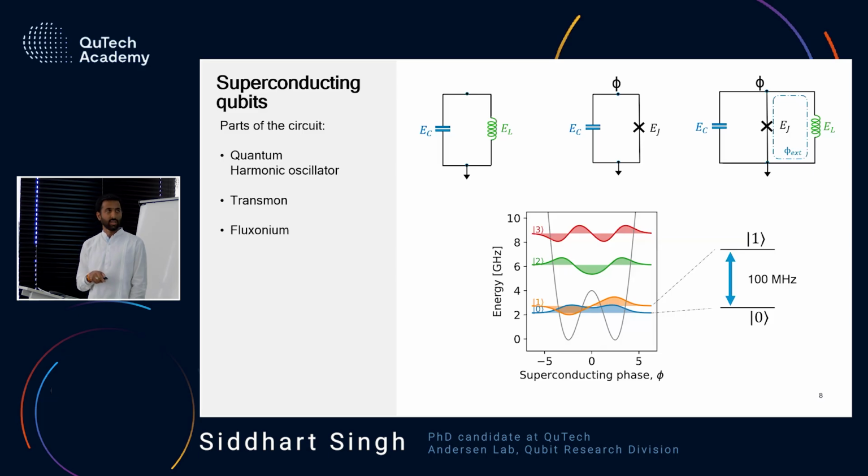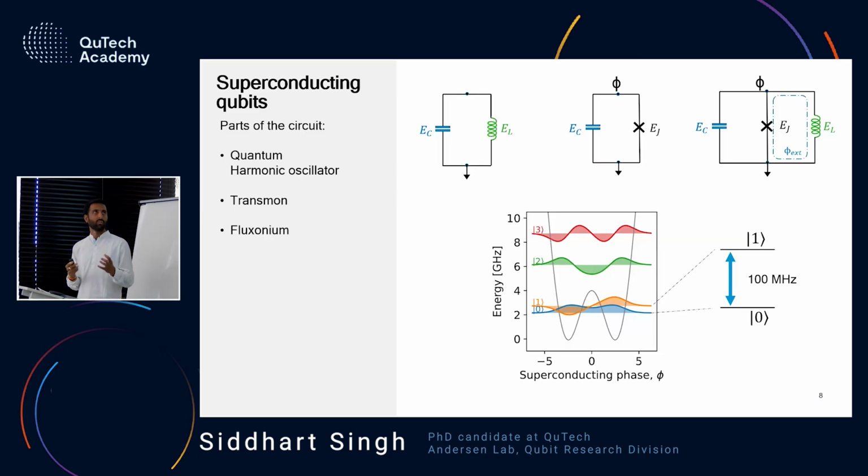But at the same time, the frequency difference between 0 and 1 is different from the transmon. In transmon, this is generally a few gigahertz, generally between 4 to 8 gigahertz. In case of fluxonium, you can make it all the way from a few megahertz to a few hundred megahertz. In our case, when I talk about my 2-qubit gate implementation, our qubits are around 100 megahertz.